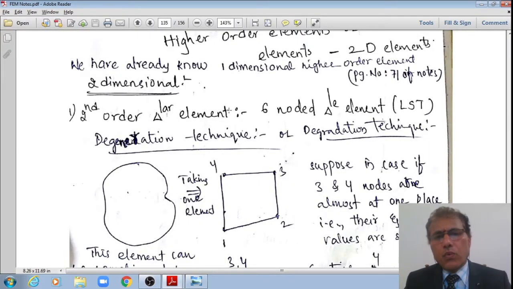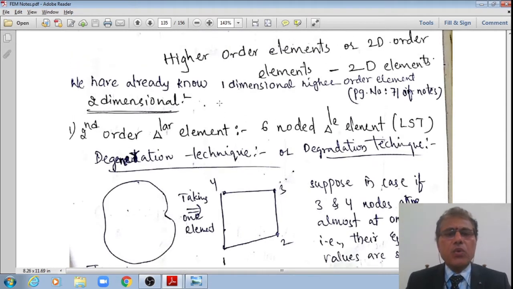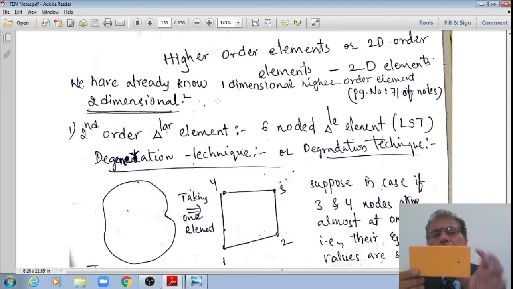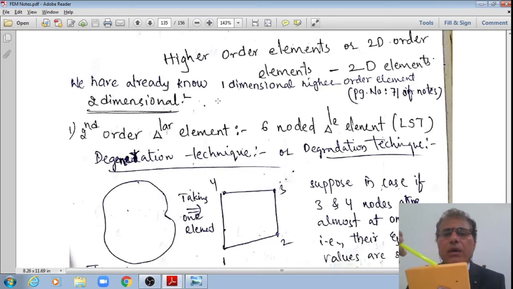Let us move to the further discussions on 2D higher order or second order elements, right? Previously we have seen the 2D basic element, students, that is the 2D 4 node quadrilateral. If I have mid-side nodes for that quadrilateral, it will become a 2D higher order quadrilateral.